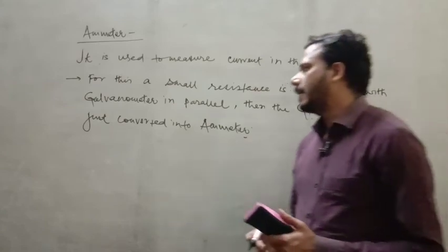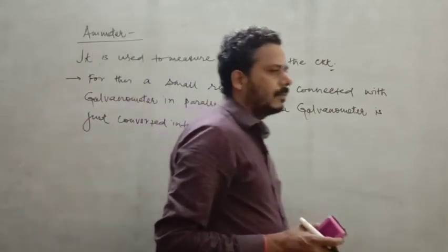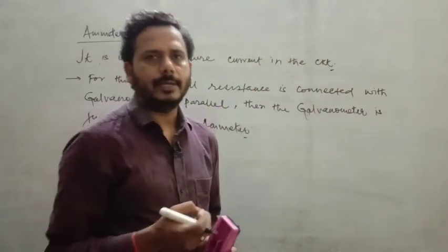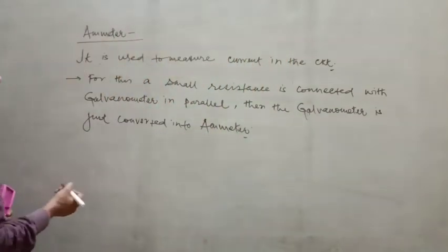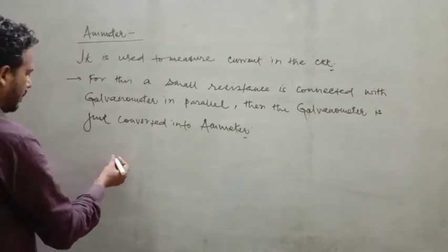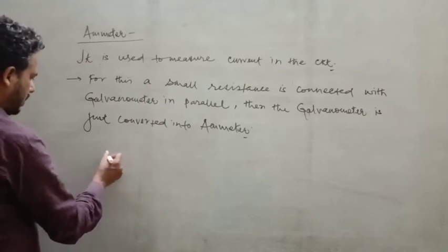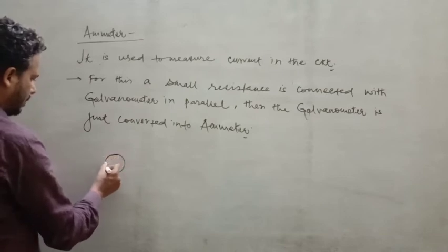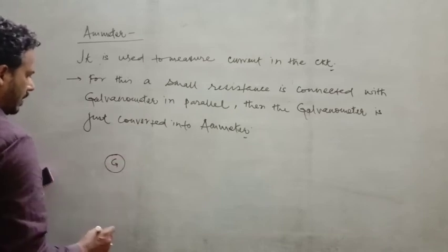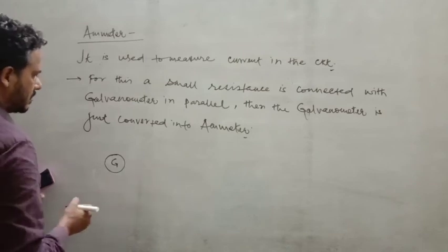So now here we will calculate the resistance which we have connected in parallel. You just see here a simple diagram. First of all, we have a galvanometer. Suppose this one is a galvanometer, and this galvanometer is connected in parallel with a small resistance.